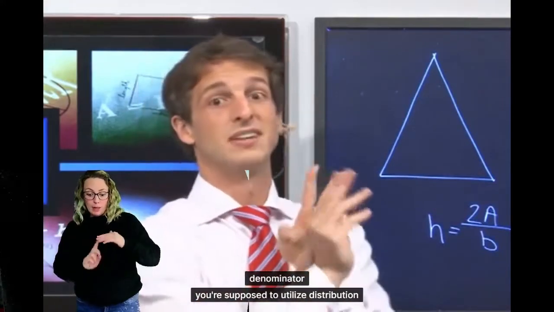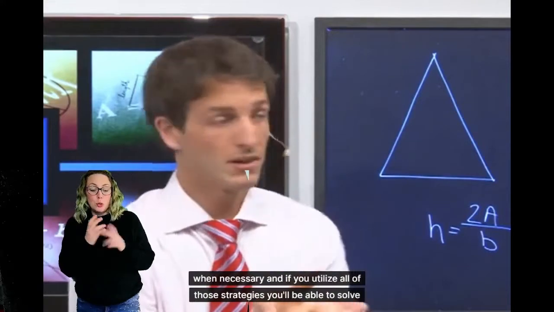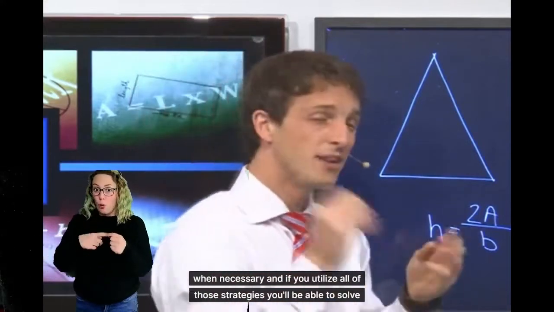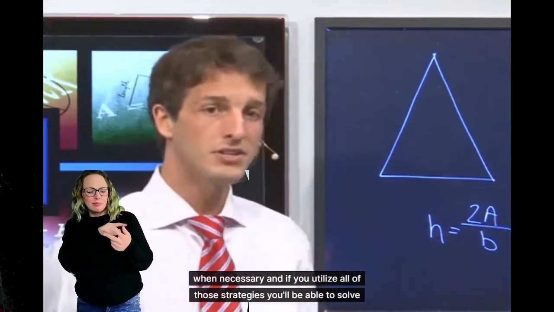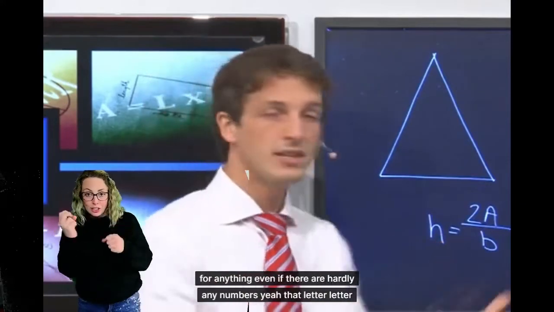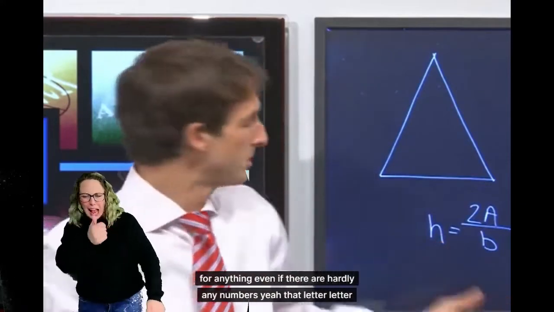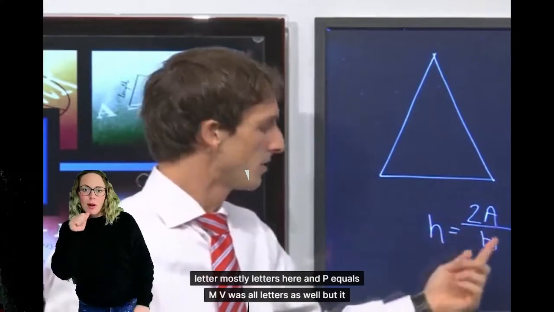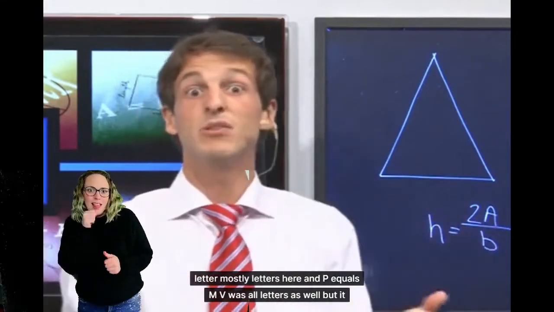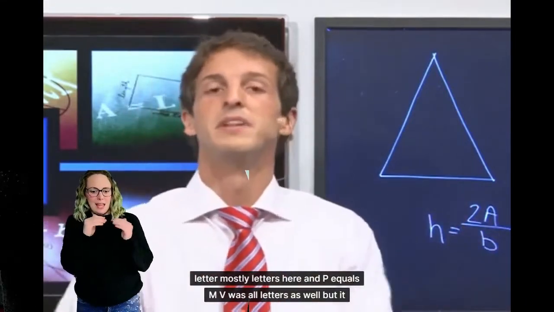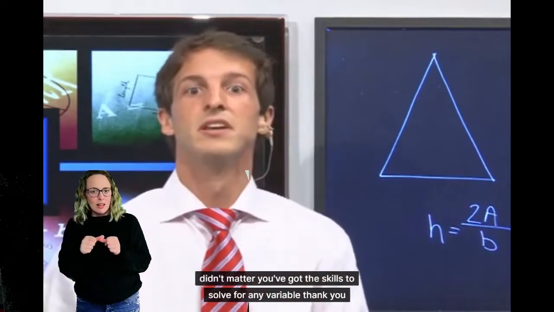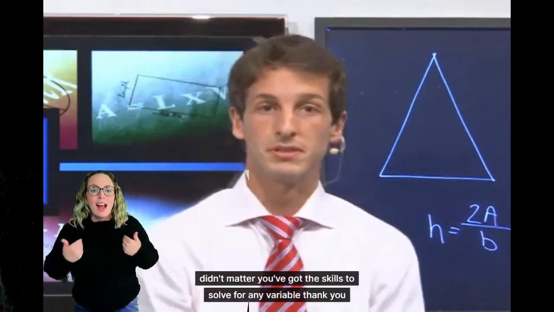You're supposed to utilize distribution when necessary. And if you utilize all of those strategies, you'll be able to solve for anything, even if there are hardly any numbers. Yeah, mostly letters here. And P equals MV was all letters as well, but it didn't matter. You've got the skills to solve for any variable.